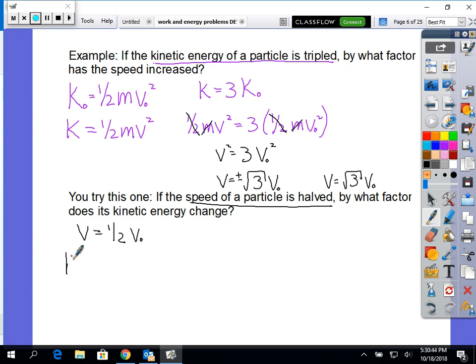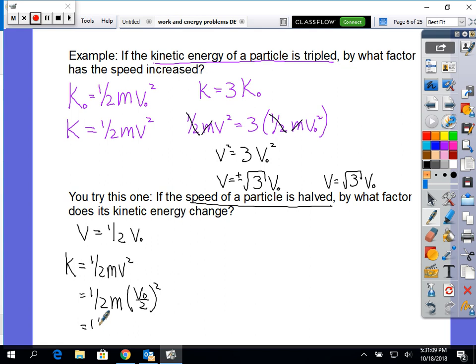So if I write the kinetic energy, the final kinetic energy is 1/2 m v squared, but I plug in 1/2 v naught instead of v, I get 1/2 m times v naught over 2 squared. When I take away the parentheses, that 2 in the denominator gets squared into a 4.